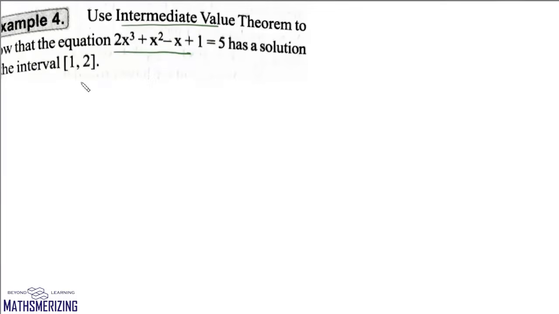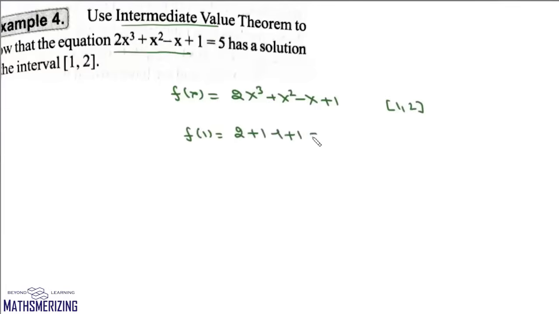interval 1 to 2. Now what we'll do is we'll take this function f(x) as 2x cubed plus x square minus x plus 1 in the interval 1 to 2. Now what is f(1)? f(1) is 2 plus 1 minus 1 plus 1, it is 3.